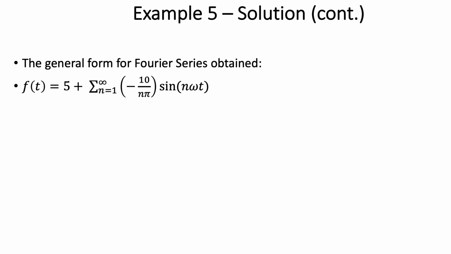The general form for Fourier series obtained is f(t) equals 5 plus summation of n equals 1 to infinity minus 10 over nπ times sin nωt.